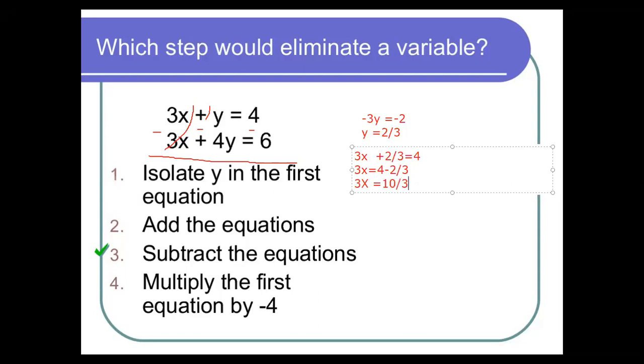And then we will divide both sides by 3. 10 over 3 divided by 3 will be equal to 10 over 9. Okay, 10 over 9. Then we will go back to check our answer.